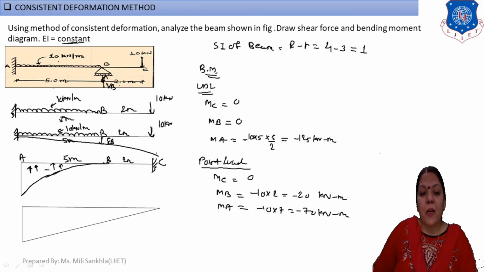Now second, again we make this free end fixed and this fixed end free, and make the points. This is point A, this is our B point, and this is our C point.